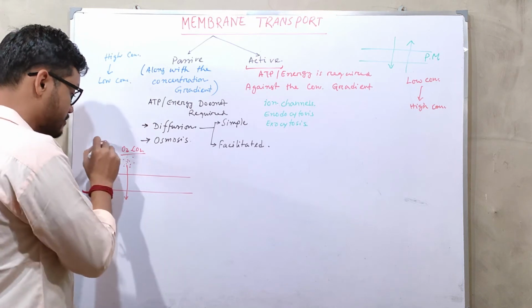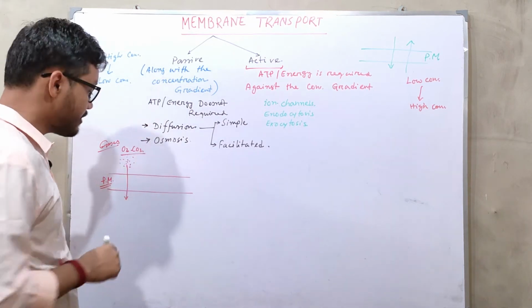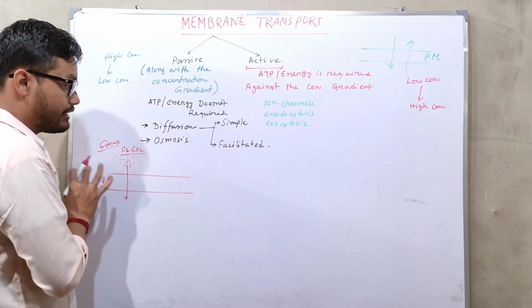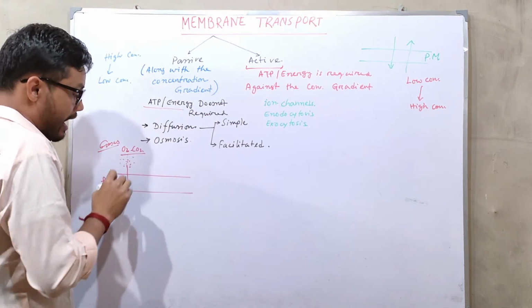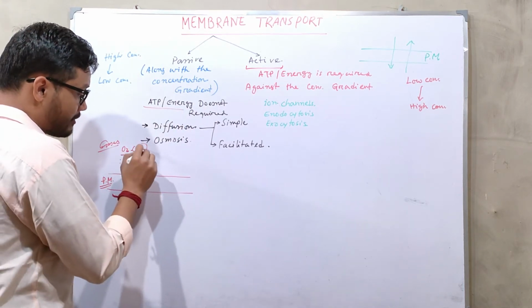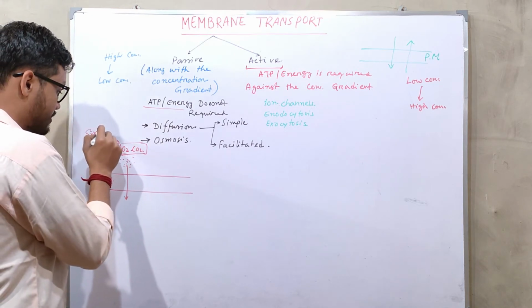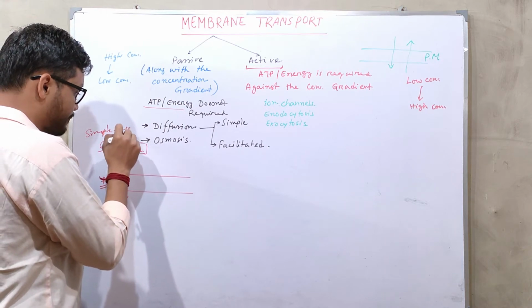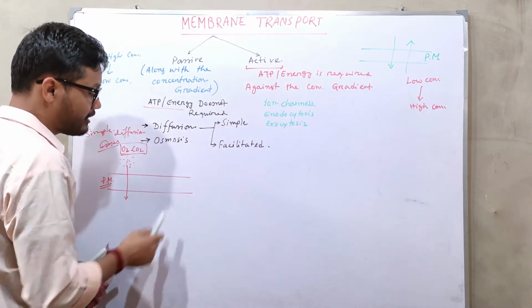These gases easily transport from one side of the plasma membrane to another, and it does not require any ATP or energy. This phenomenon is known as simple diffusion.